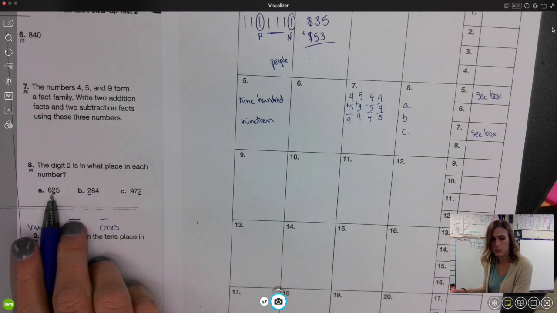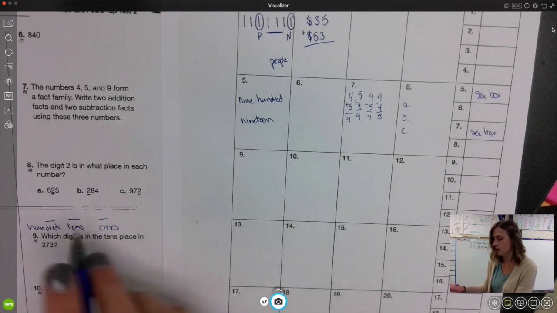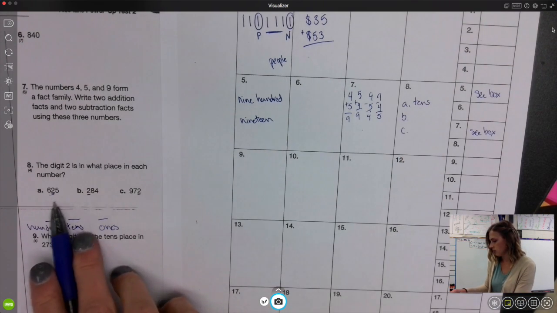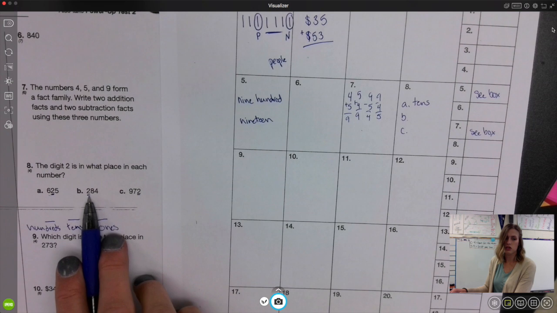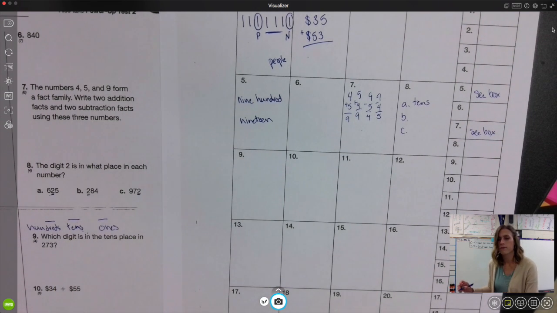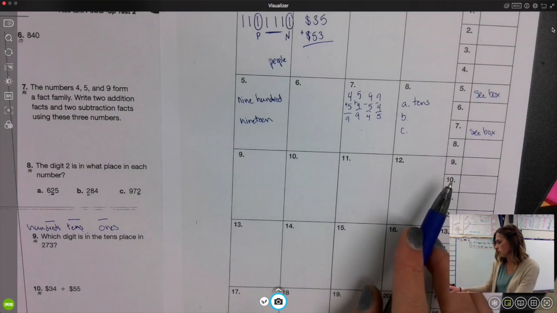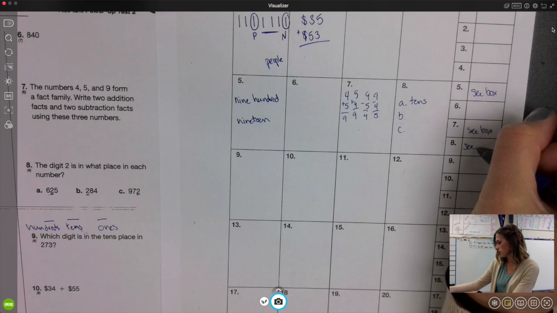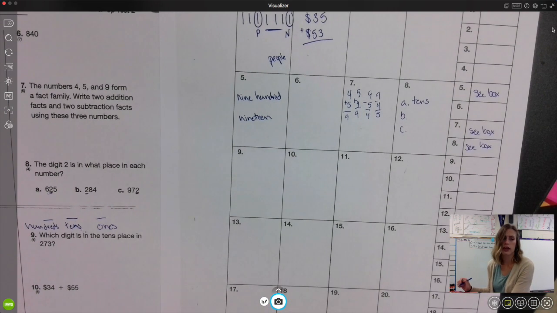So I'm going to look at this one. It's the middle one, so it would be tens. So for A, I'd write tens. Do the same thing for B, which place the 2 is in, and C, which place the 2 is in. When you're done with all that, for 8, you could also write see box. It's a lot to squish in there.